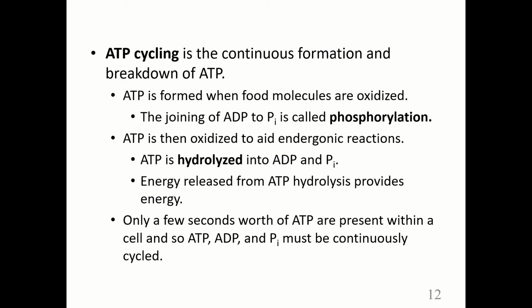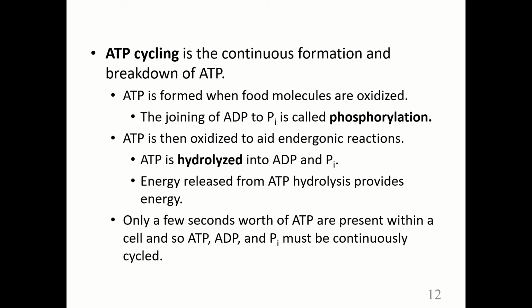ATP cycling is the continuous formation and breakdown of ATP. ATP is formed when food molecules are oxidized. This gives the energy required for ATP synthase to join ADP to an inorganic phosphate. This is called phosphorylation. ATP is then oxidized to aid endergonic reactions.